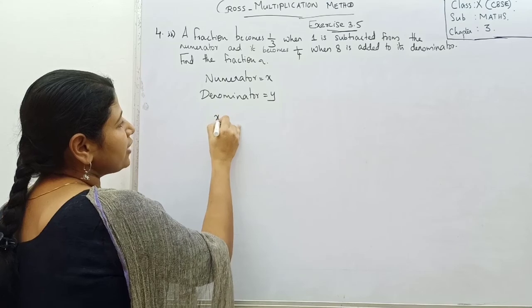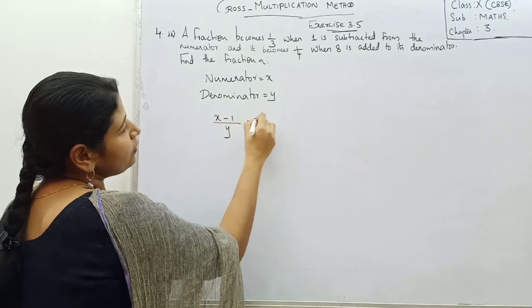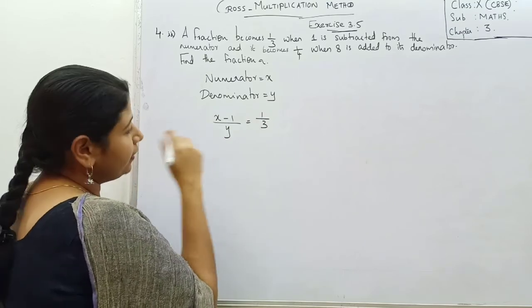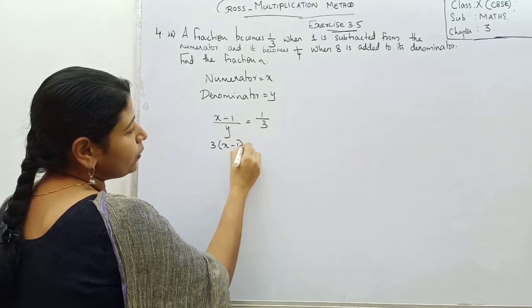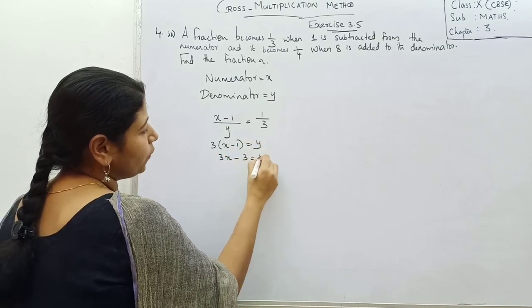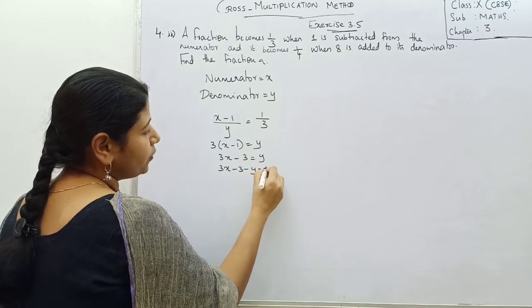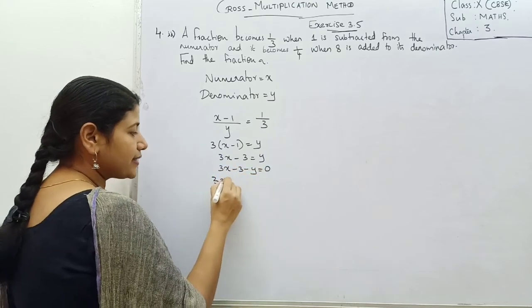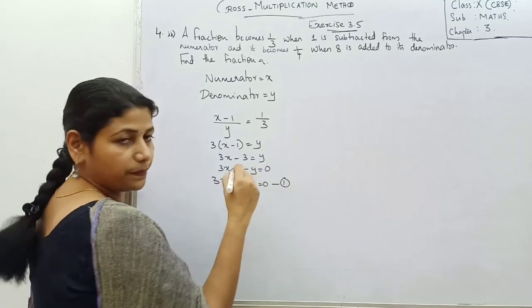So I am going to subtract 1 from the numerator, that means x minus 1 by y, which will become 1 by 3. Just cross multiply: 3 into x minus 1 equals 1 into y. 3x minus 3 equals y, or 3x minus y minus 3 equals 0. This is our first equation.